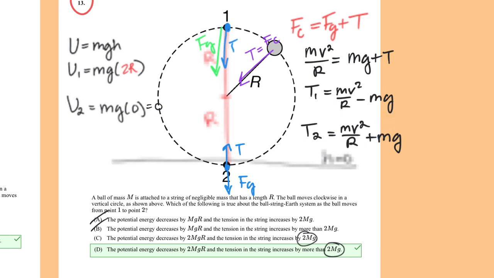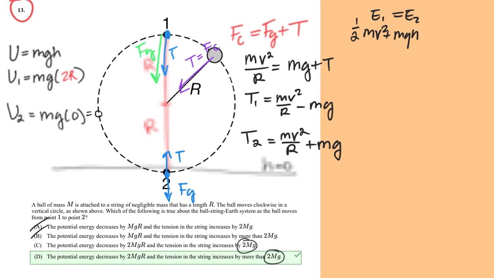So let's figure that out using velocity. In order to find the velocity, we're going to use our conservation of energy equation. So energy 1 equals energy 2, or 1/2 mv squared plus potential energy, which is mgh, is going to be equal to just 1/2 mv squared.